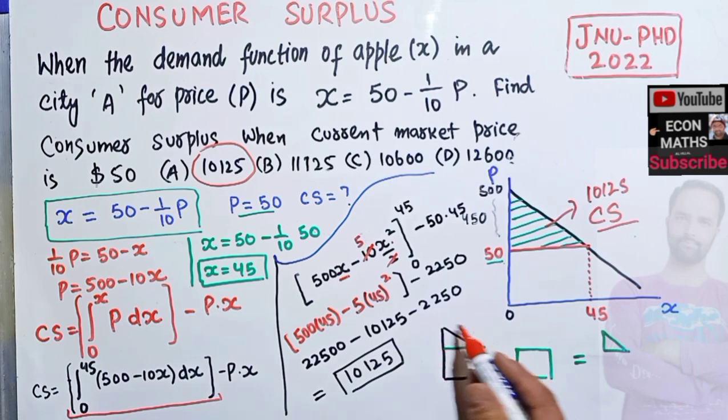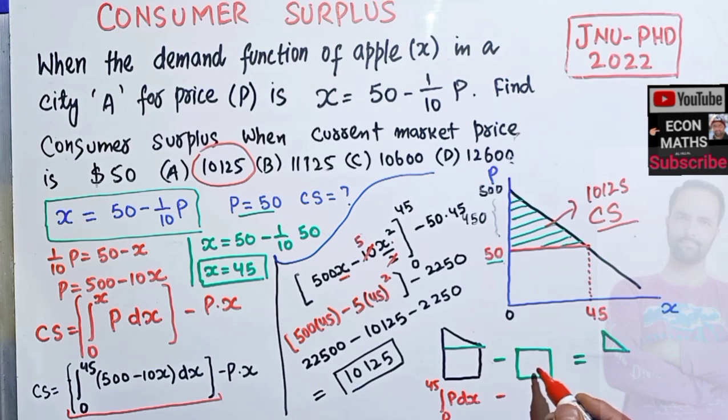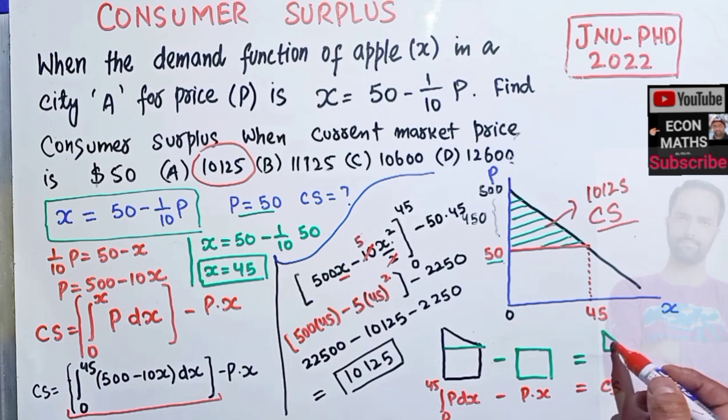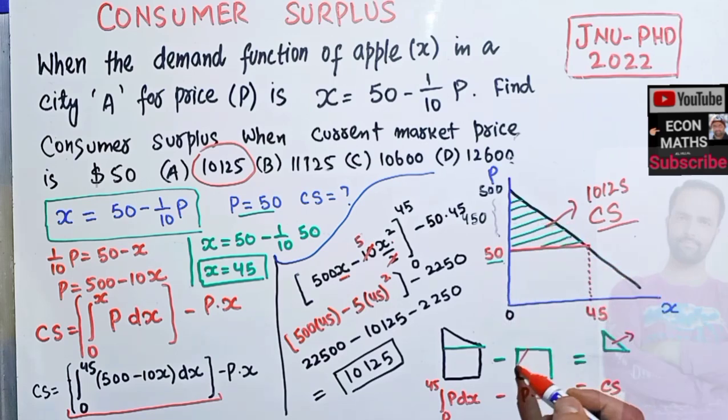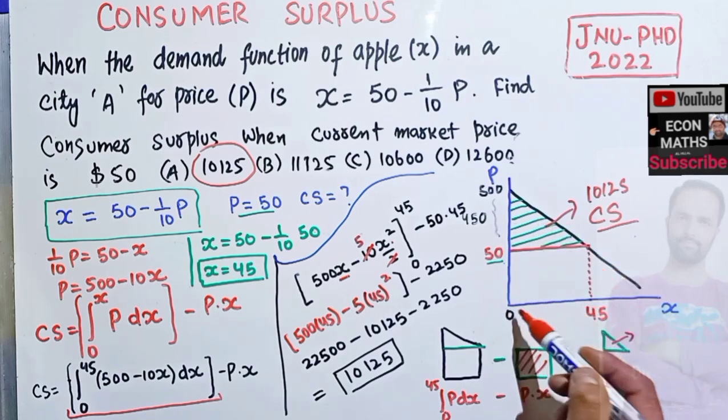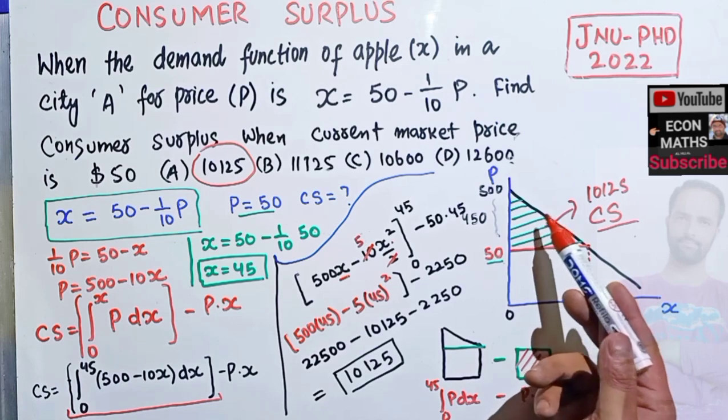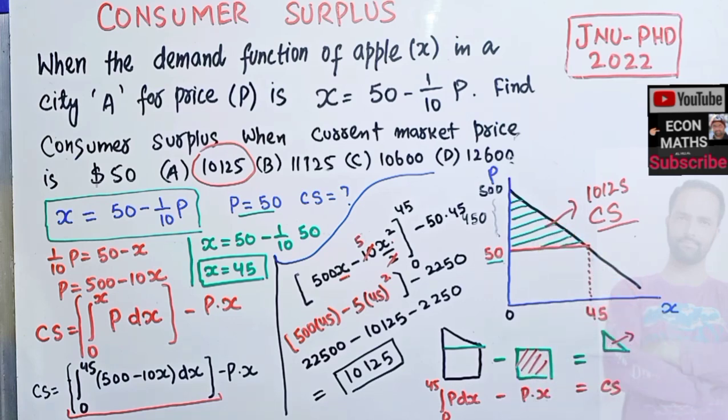So the area of this is simply the definite integral from 0 to 45 of the demand function. To this we subtract the total expenditure, that is P into X, and we are left with the consumer surplus. From this area we subtract this rectangle and we are left with the upper right triangle, that is our consumer surplus.